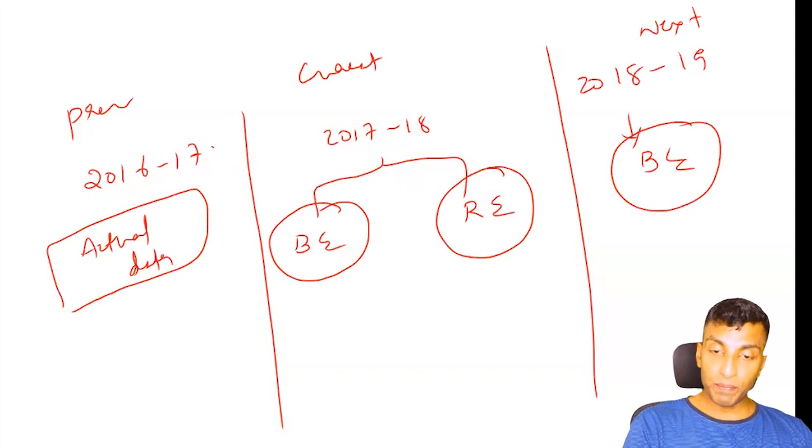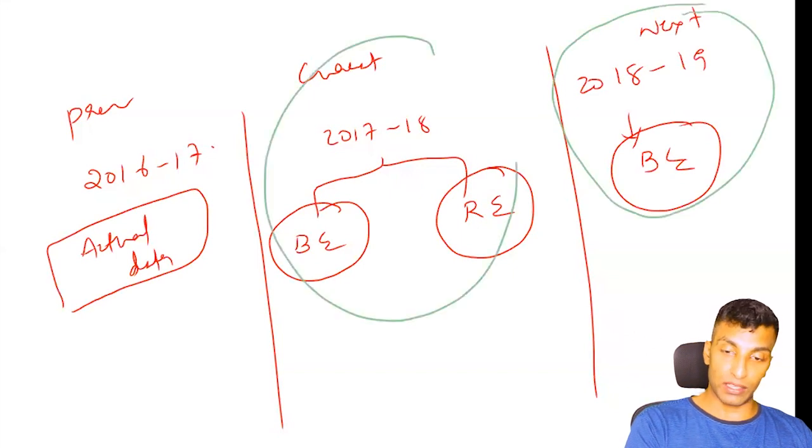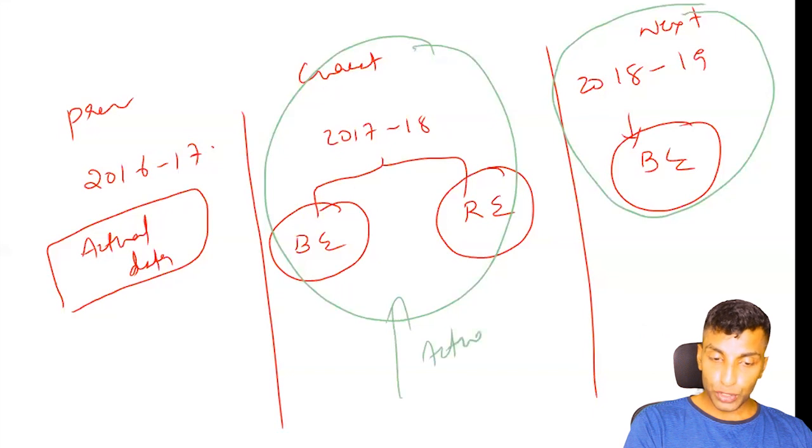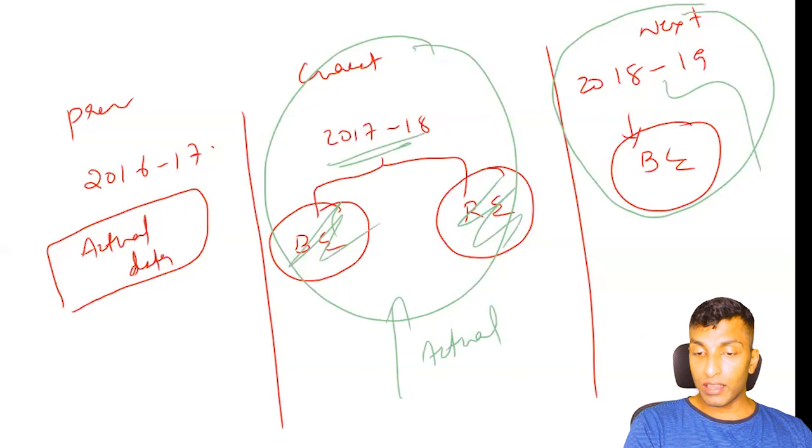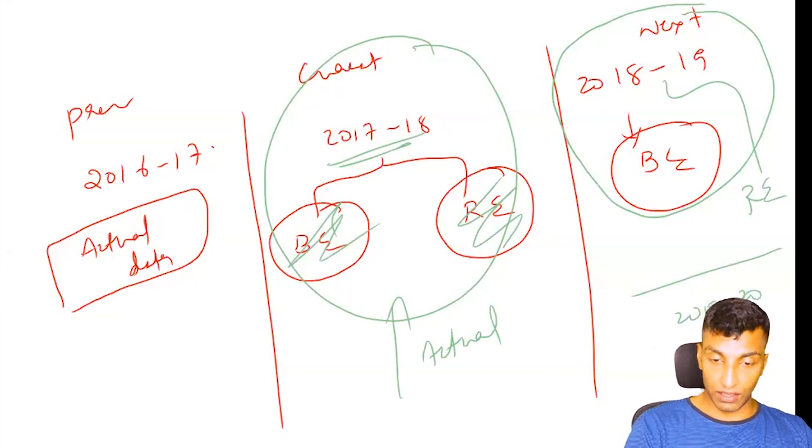Next year this will become the current year, then this will become the previous year. So here you will get the actual data. These two will not be there, only this will be there. Here you will have a revised estimate, and then the next year, that is 2019-20, the budget estimate. So this is how you will see the values which will be represented.